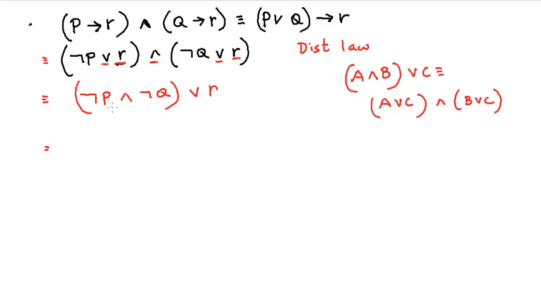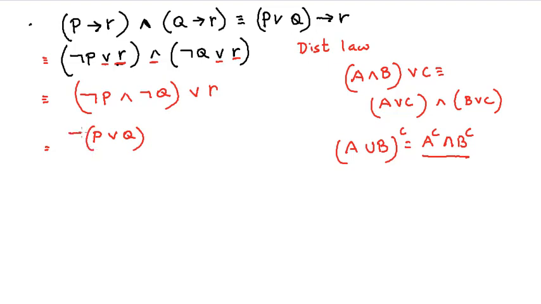And now if you see the De Morgan's law here, what does De Morgan's law state? A union B complement is equivalent to A complement intersection B complement. That's what we have here, right? Now we are going to use the same thing, substituting the right hand side with the left hand side. So this becomes P or Q complement, or R, right?